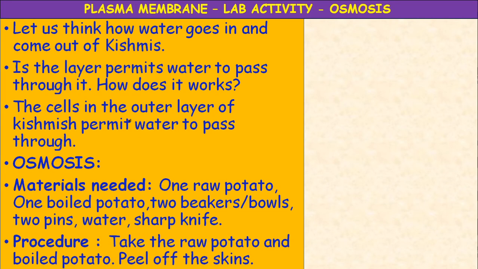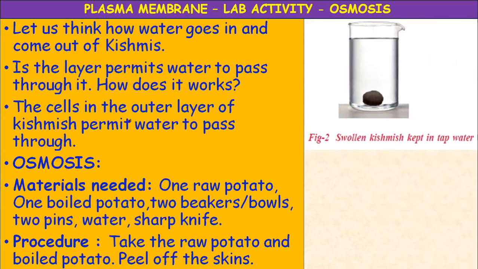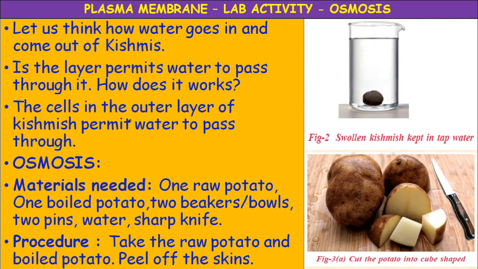The procedure: take the raw potato and boiled potato and peel off the skin. It is very easy to peel off the skin. Now cut the potato into cube shaped pieces.